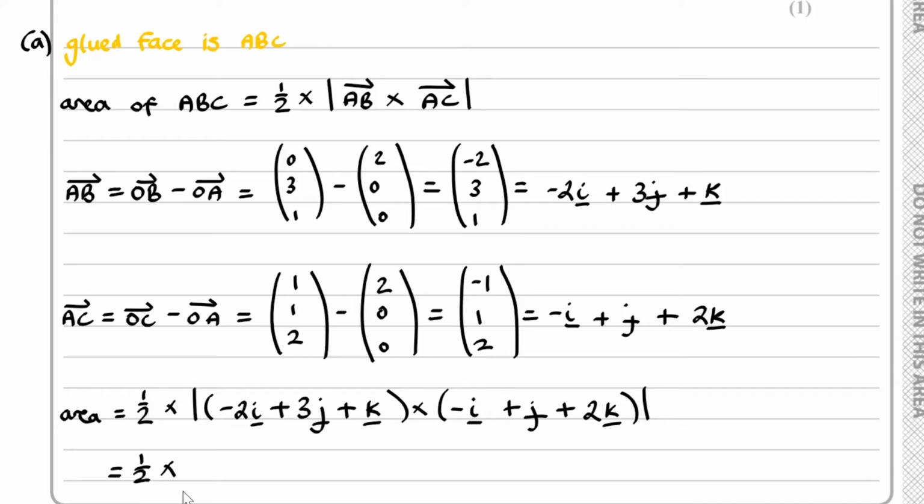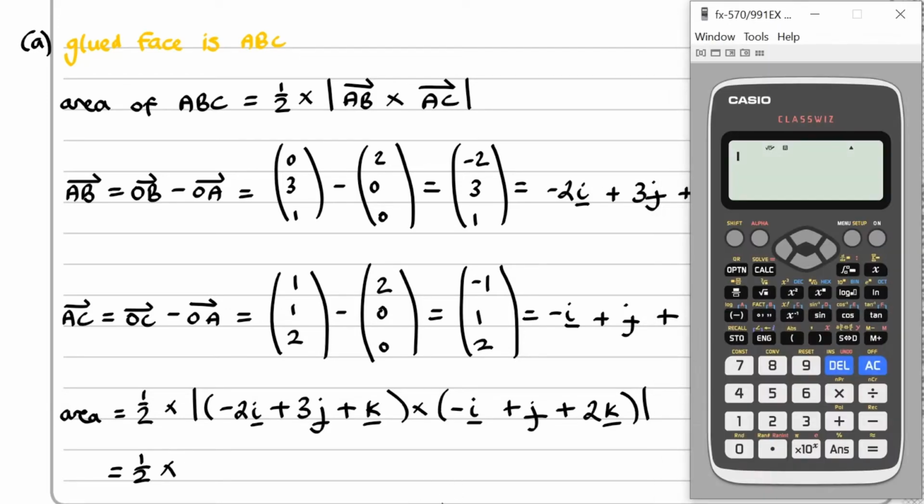So we have 1/2 multiplied by, and if we go to our calculator, we can go to the vectors mode. So go to the vectors mode, define your vector A, that would be 3-dimensional with components -2, 3 and 1. And then define another vector with components -1, 1, 2.